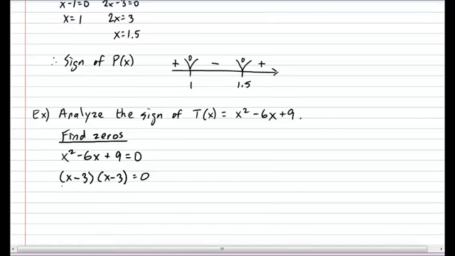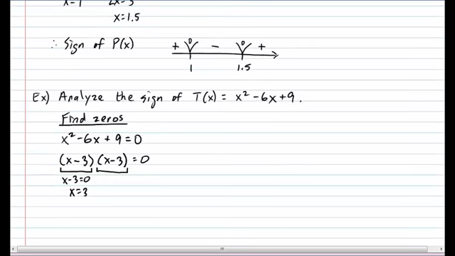And therefore, it basically just gives one solution for x. x equals 3. Interesting. This polynomial, even though it's second degree, only has one solution for x. So, all we have to do is test below and test above this single solution.